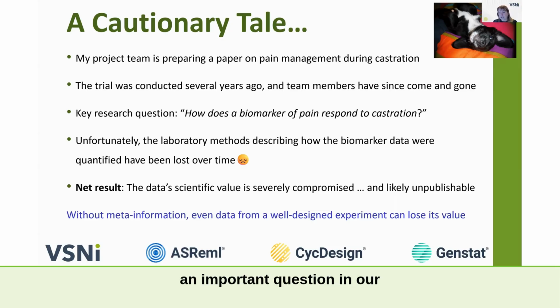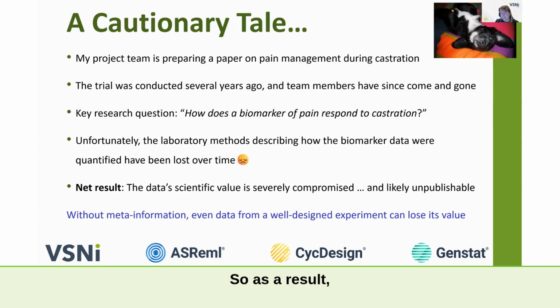Now, an important question in our research was, how does a biomarker of pain respond to castration? Now, this biomarker happened to be a microRNA. But unfortunately, because the trial was run several years ago and because quite a few team members have come and gone, the lab methods describing how the biomarker data was quantified have been lost, and we haven't been able to find it.